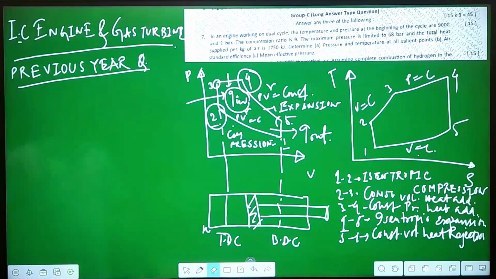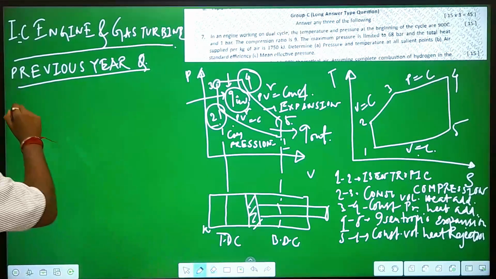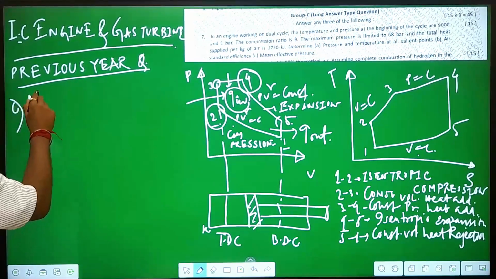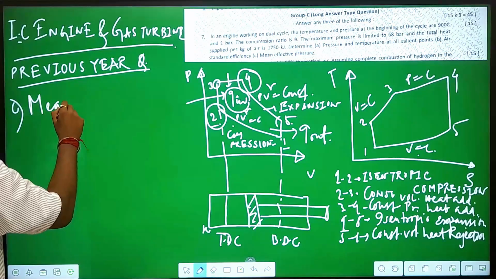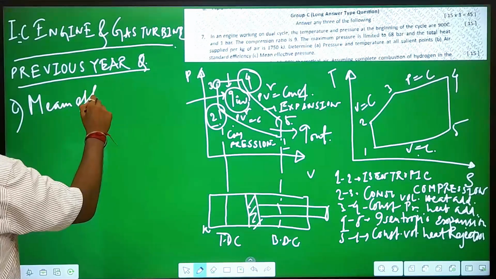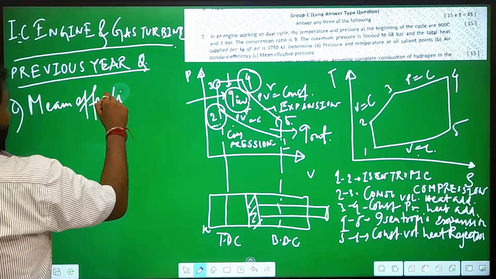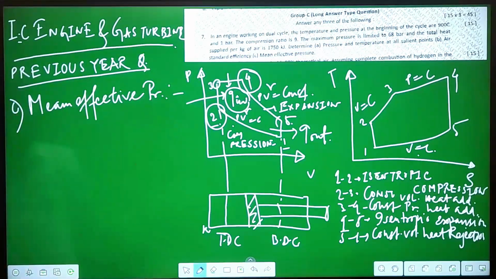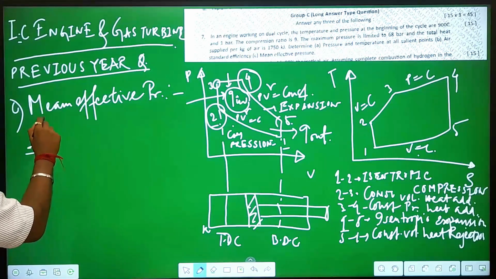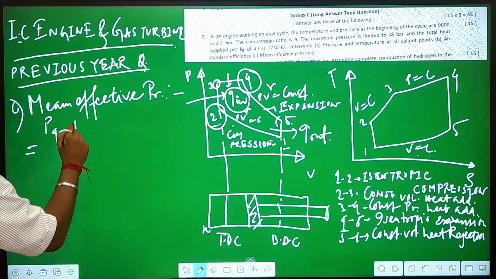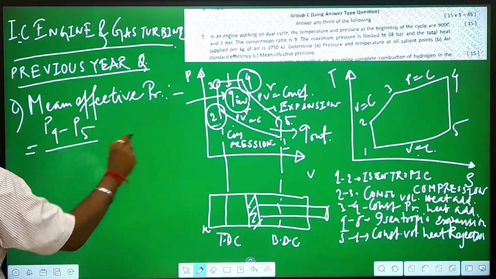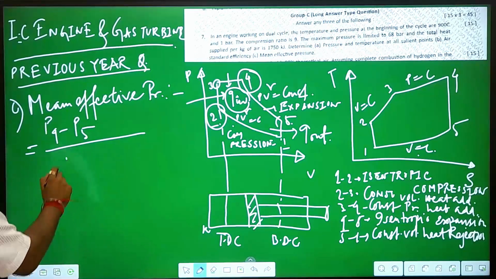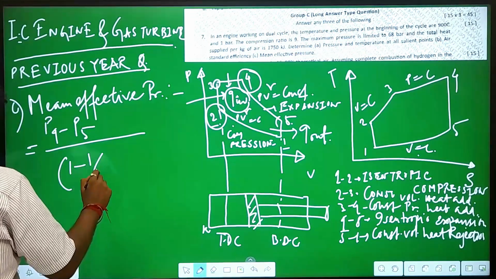Now, we are going to the final part of the question, that is the mean effective pressure. What is the mean effective pressure? The mean effective pressure is P4 minus P5 by 1 minus 1 by r.